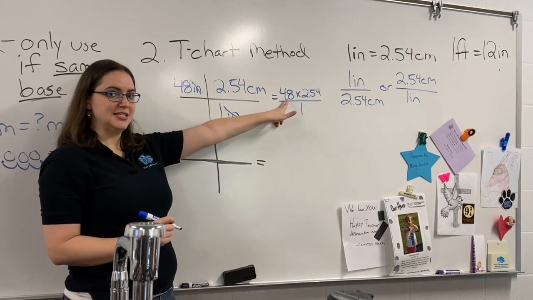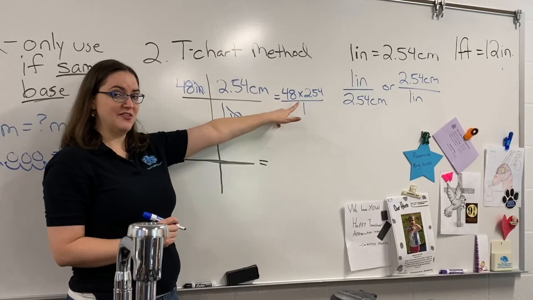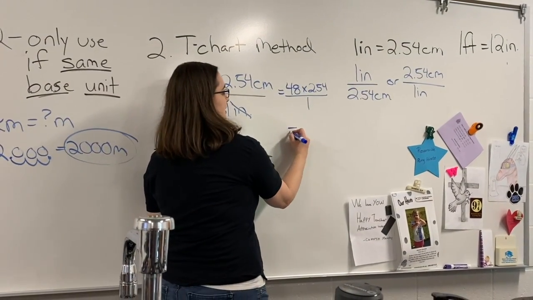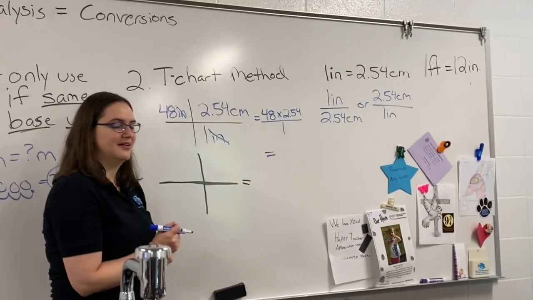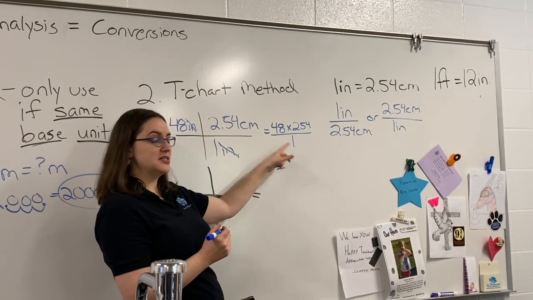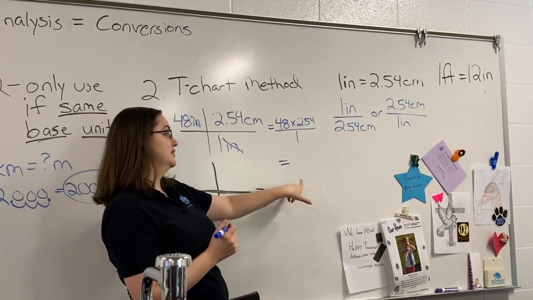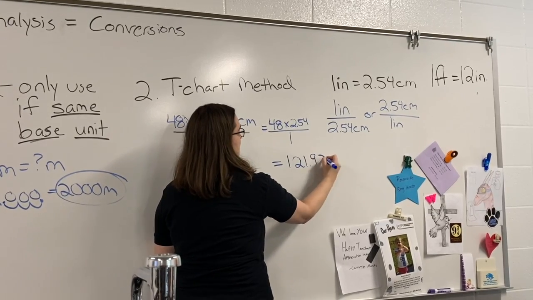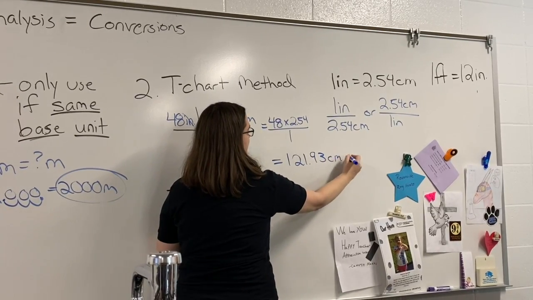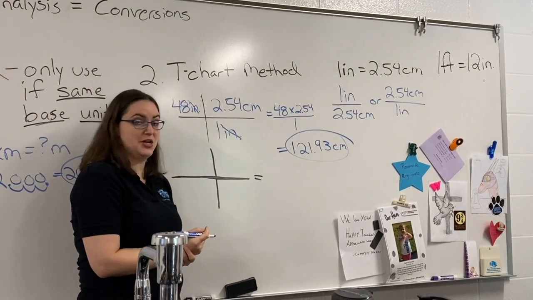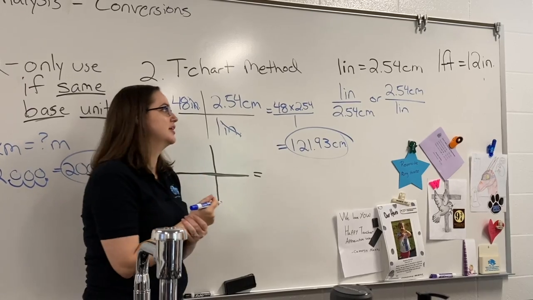So 48 times 2.54 centimeters divided by 1 is going to equal about 121.93 centimeters. And I got that from my trusty calculator.